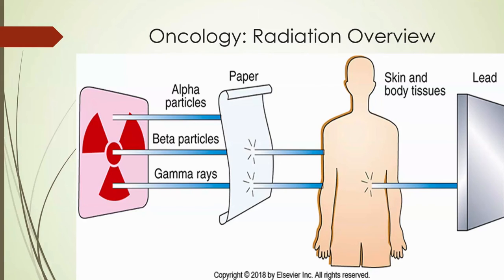The type of radiation delivery may vary depending on the patient's health, and the shape, size, and location of the tumor. This is where you may see a patient with some markings on their body where you're told, don't wash those off, because that's where the radiation is going to be targeted. So here it's still coming from outside, but we can direct it to certain spots on the body.